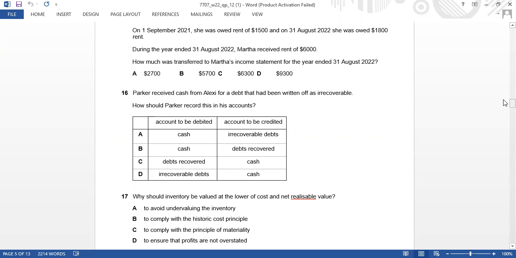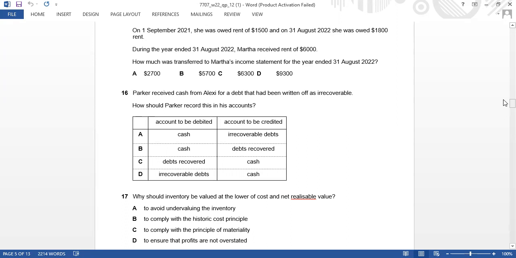That means bad debt will be debited and trade receivable will be credited. So Parker received the cash. That means bank to trade receivable. Trade receivable was previously also credited, so we'll only change the bad debt account. Previously it was written bad debt to trade receivable. Now we have to write cash to trade receivable.